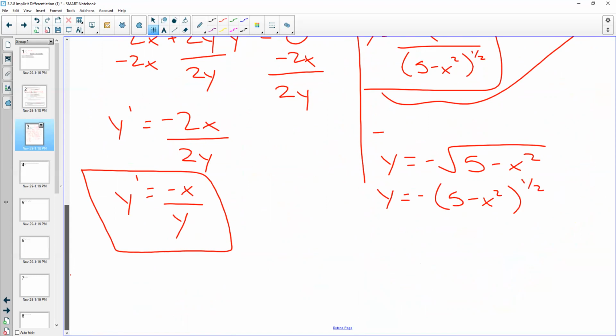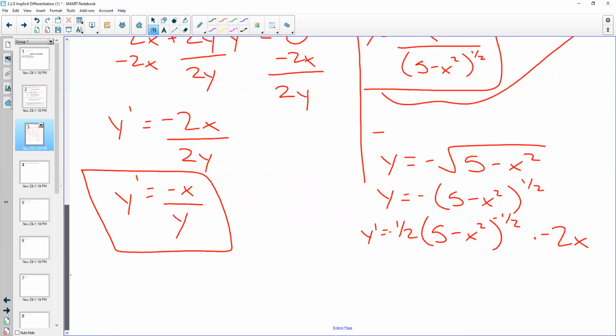Okay, same thing. Now we can differentiate this. So y prime is equal to 1/2. Our negative is still there. Okay, and then we're going to have 5 minus x squared to the negative 1/2, multiplied by negative 2x again.